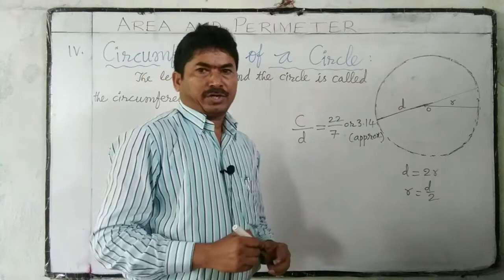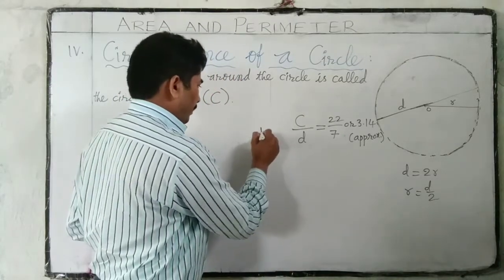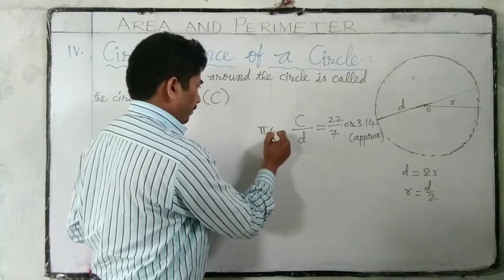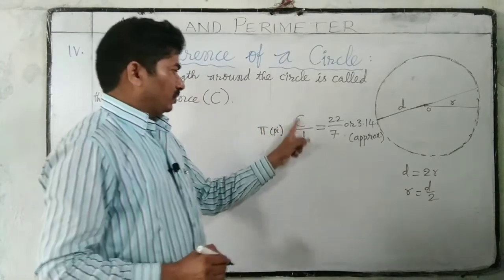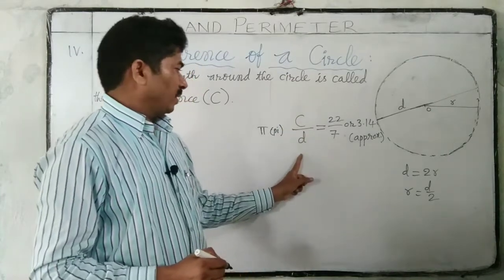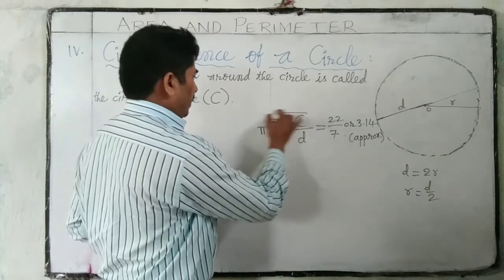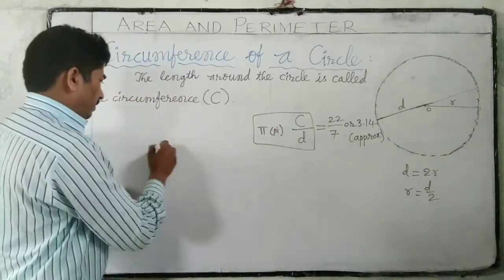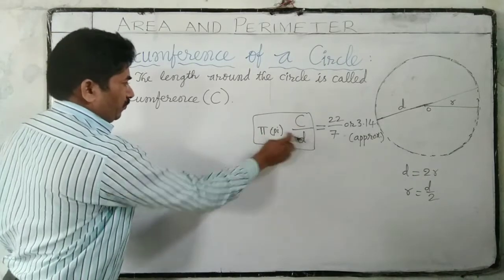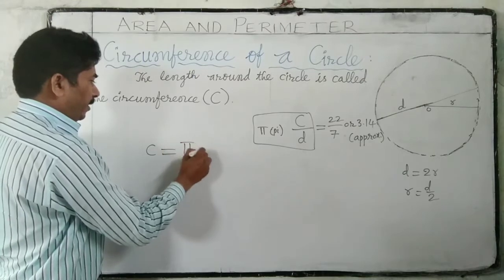This is a constant. It is denoted by the letter pi. Pi is equal to C by D. So from this main formula, we can write C is equal to pi D.